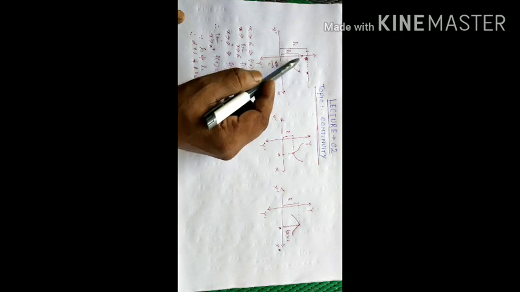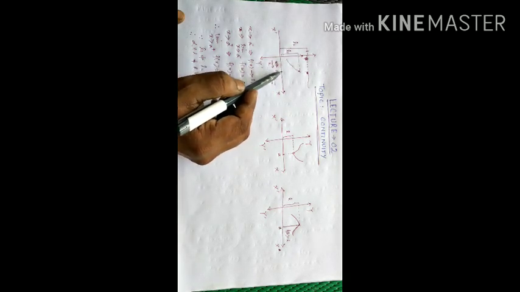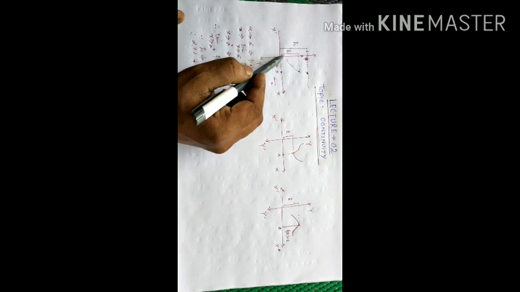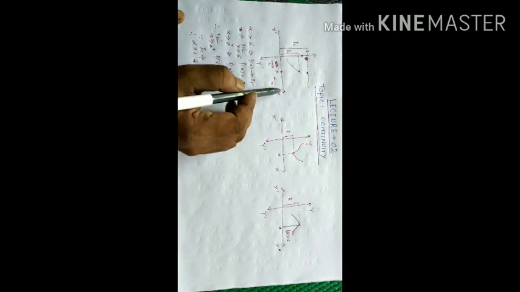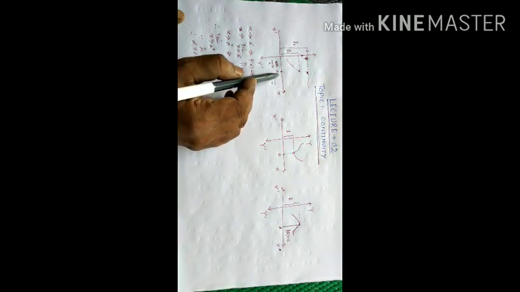This is L1. That means when x approaches a from the left, f(x) approaches L1, and this is called the left hand limit. The limit as x tends to a minus of f(x) is equal to L1. Again, x approaches a from the right.